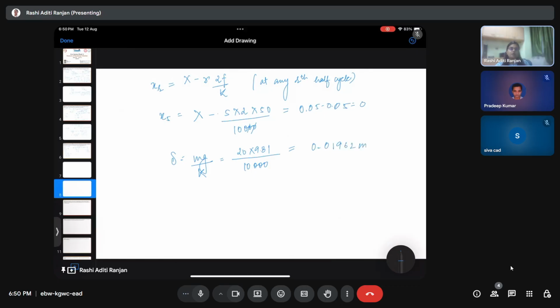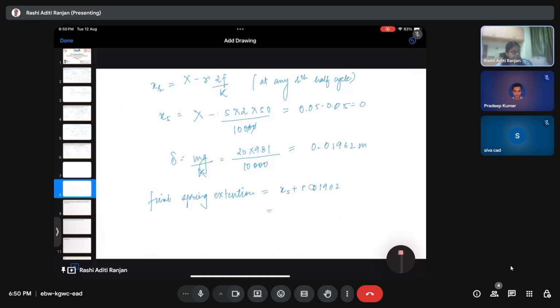Okay, so the total final spring extension is nothing but x of 5 plus 0.01962.